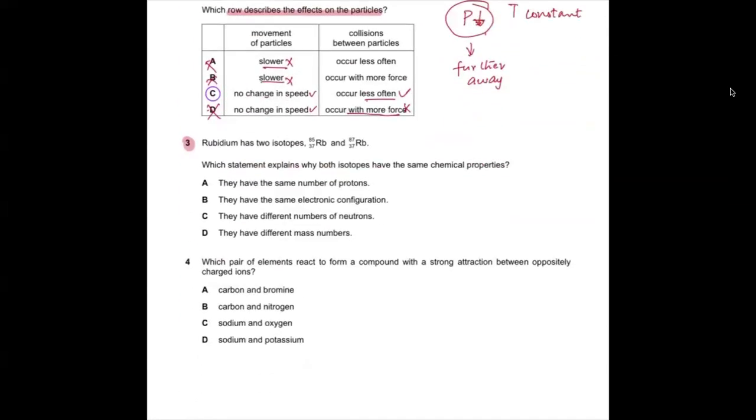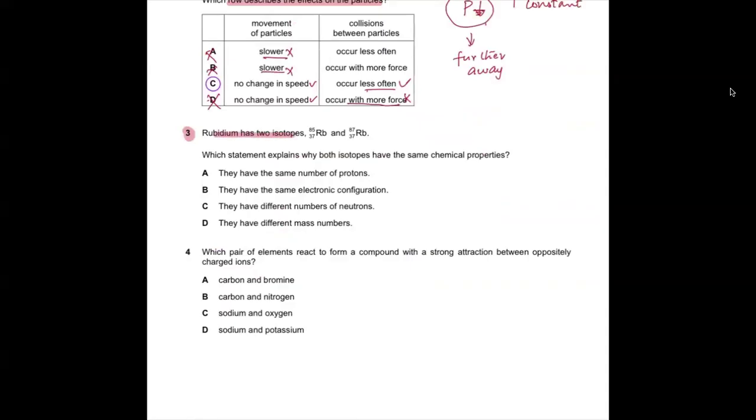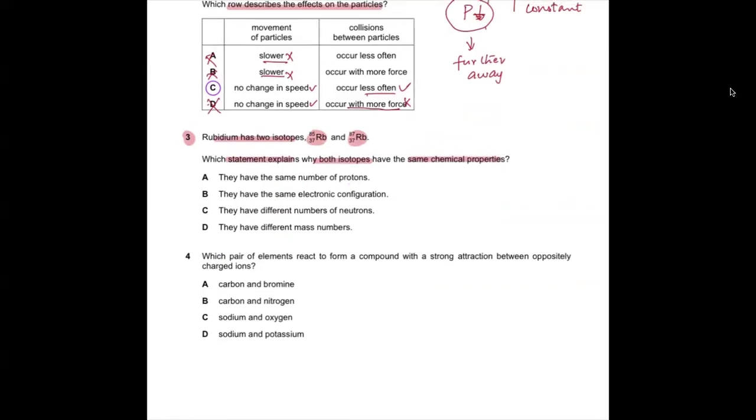Now MCQ number 3. Rubidium has two isotopes, rubidium-85 and rubidium-87. Which statement explains why both isotopes have the same chemical properties? The same number of protons is a physical property because protons are in the nucleus. They have the same electronic configuration.